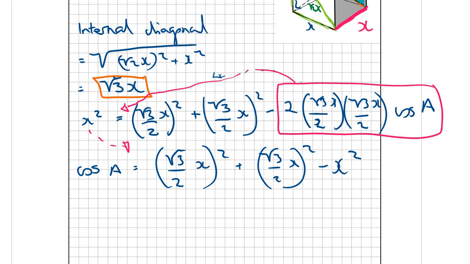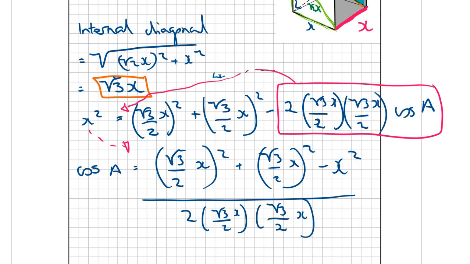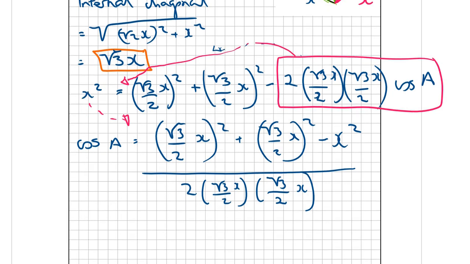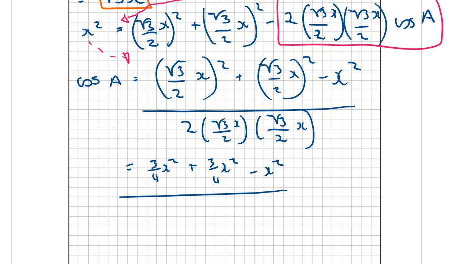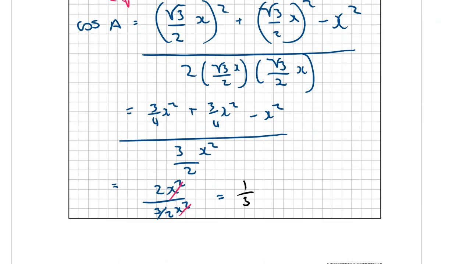So I'm going to divide all of that by twice root 3 x over 2 times root 3 x over 2, and we can just expand out our brackets there just to see. You've got root 3 x squared over 2 is 3 over 4 x squared plus 3 over 4 x squared minus x squared, all divided by root 3 by root 3, which is 3, x by x, which is x squared, over 2. Cos of A is equal to 1/3.